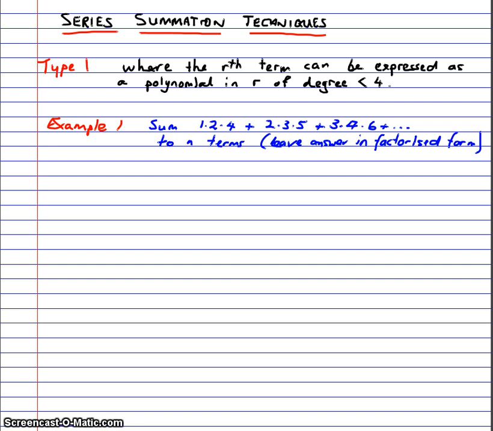So if we just let Sn represent the sum to n terms, and we're going to use sigma notation, we're starting at r equals 1 and summing to n terms. The first factor, we're going to use r. The second factor is r plus 1.